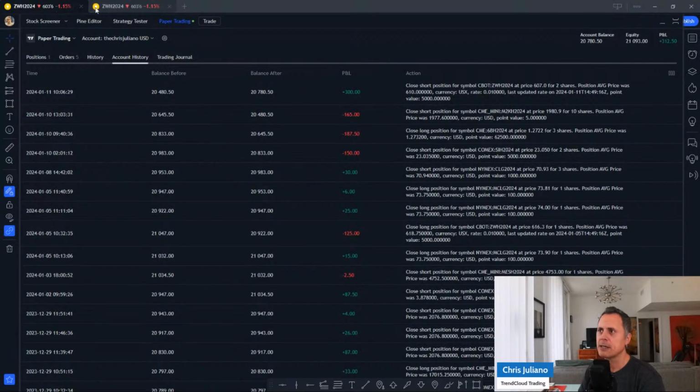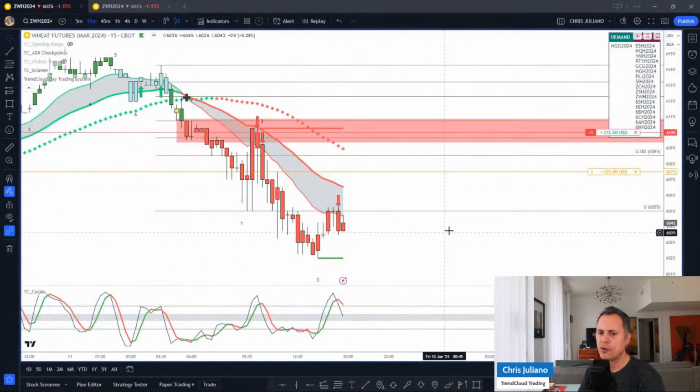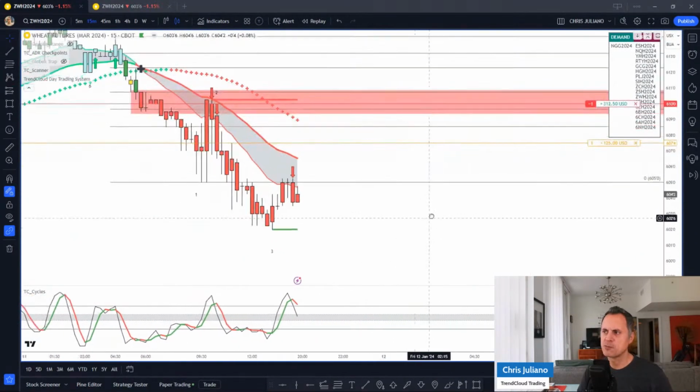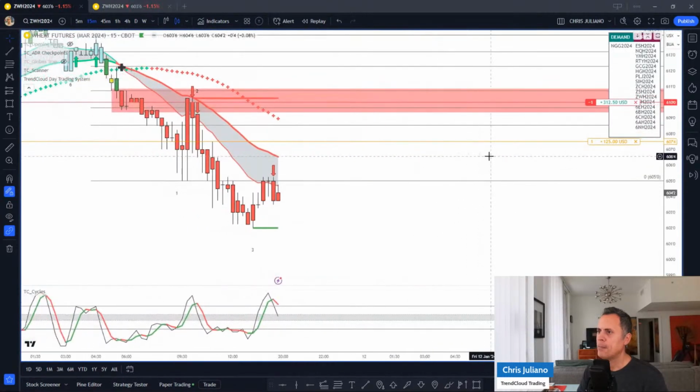So let's continue to move forward in our lessons and using TrendCloud very specifically. Right here is where we scaled out of the position. We entered the trade. We took a 1.5 target right here, and we scaled out 2 contracts.